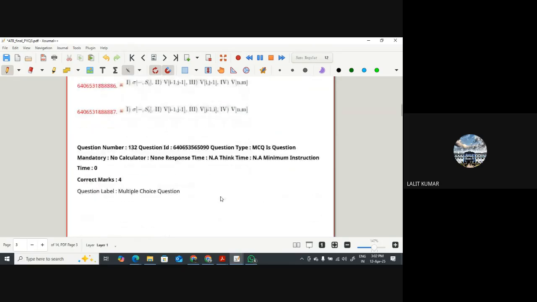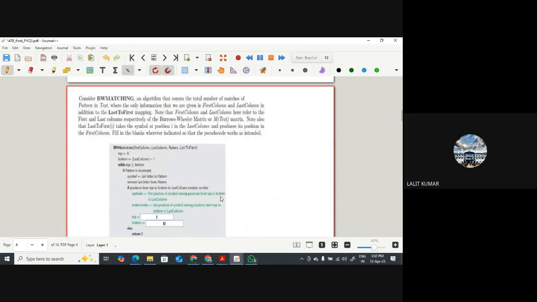So now we go to next question. Consider the BW matching, an algorithm that counts the total number of matches of pattern in text, where the only information that we are given is the first column and last column in addition to last-to-first mapping. Note that first column and last column here refer to the first and last column respectively of the Burrows-Wheeler matrix. Note also that last-to-first takes the symbol at position i in the last column and produces its position in the first column.